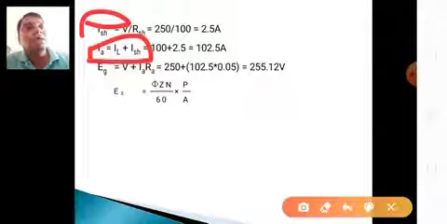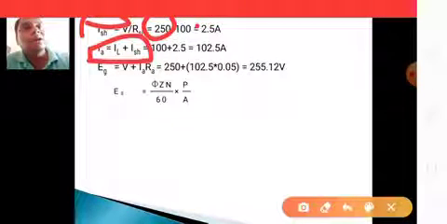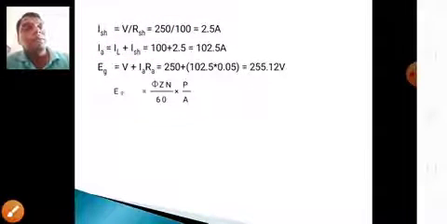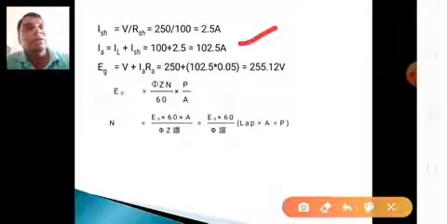The terminal voltage and shunt field resistance are given, so we get the shunt field current Ish. Again Ia equal to IL plus Ish, total 102.5. So Eg equal to V plus Ia Ra, the terminal voltage plus 102.5 into 0.05. So the total generated EMF is 255.12.